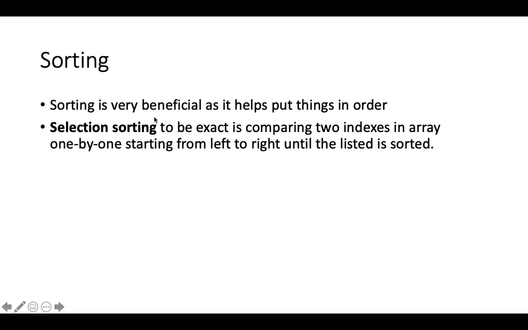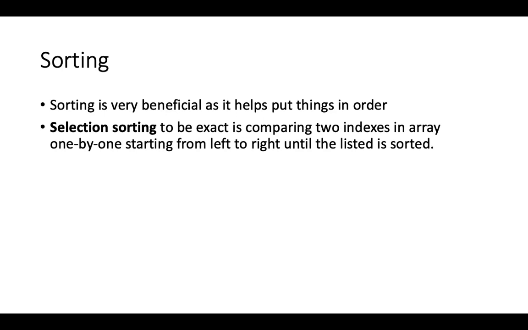Next is sorting. Selection sorting to be exact. Selection sorting is kind of when you have an array and you're comparing values one by one, starting from the left, and arranging them in order, more than likely from least to greatest.